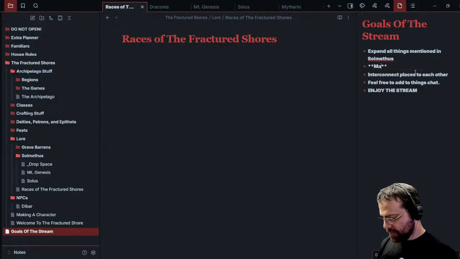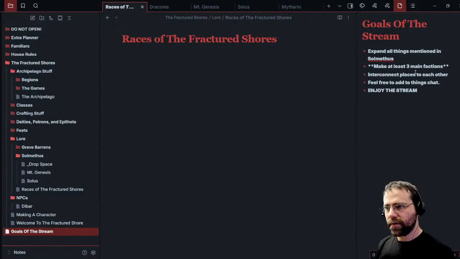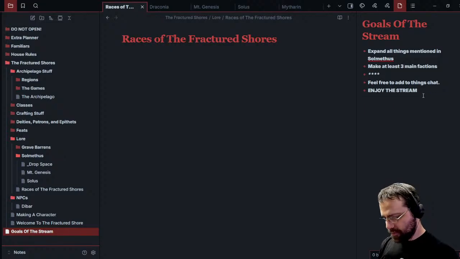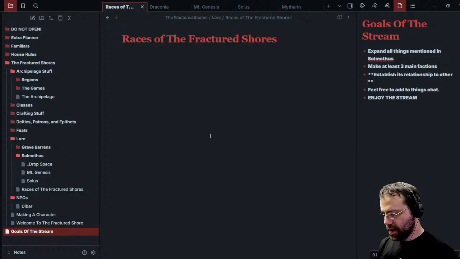At least three main factions. Establish its relationship to, what was the one place I made so far? The Grave Barrens? To other regions.